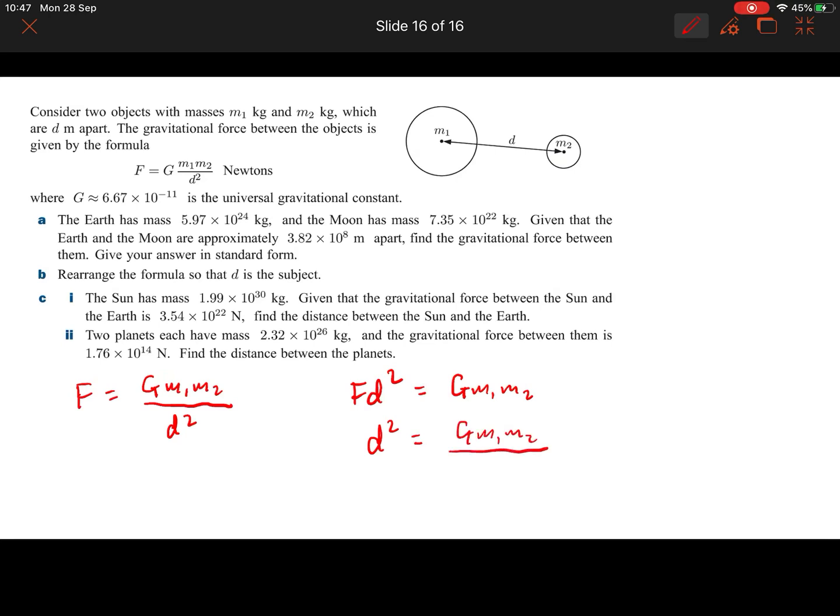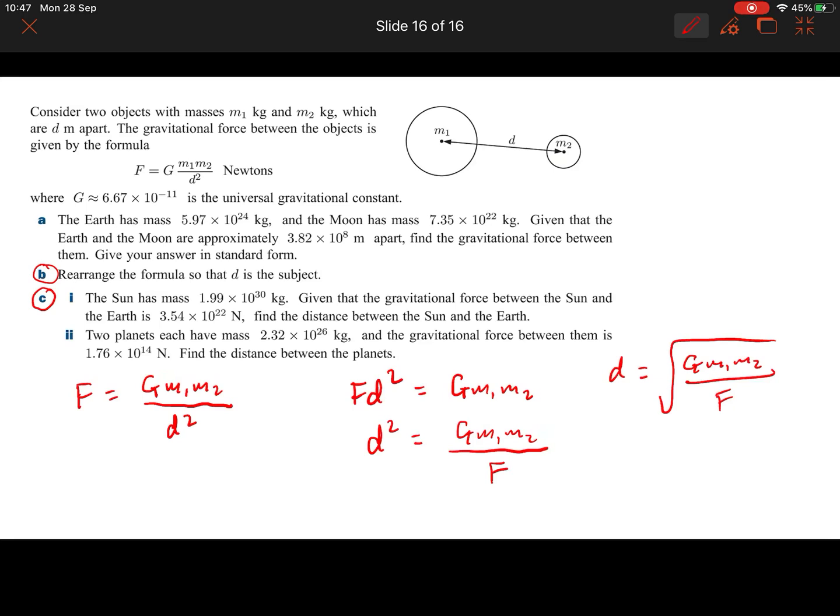D squared is equal to G M1 M2 over F. And so D is equal to the square root of G M1 M2 over F. Okay, and that's the answer to part B.